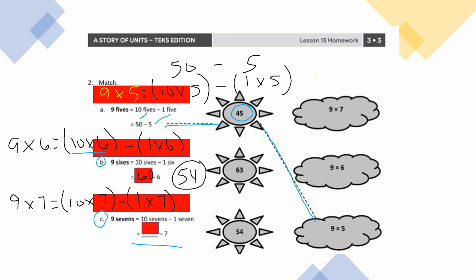Well, 10 times 7 is what? 70, right? So in this blank, you're going to write 70. And 1 times 7 is 7, which they already wrote right here. And then we solve. 70 minus 7 is 63.